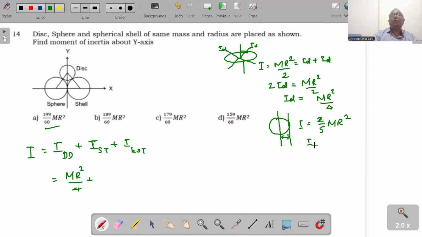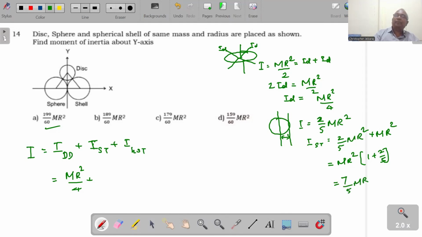Moment of inertia of the sphere about the tangent is Ig, that is 2 by 5 mr squared plus mr squared. Take mr squared common: 1 plus 2 by 5 is 7 by 5 mr squared.